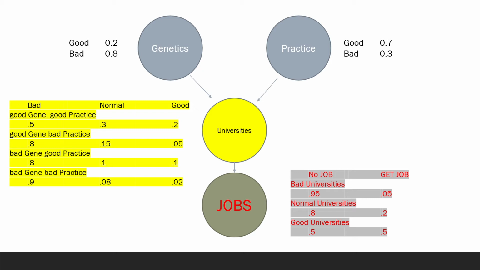So we will have bad university, normal university, and good university. Again, the summation of each row will be equal to 1. For example, the bad university input will have 0.95 and 0.05, that is 1.